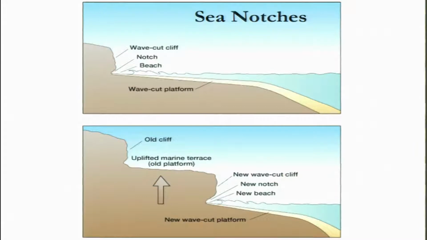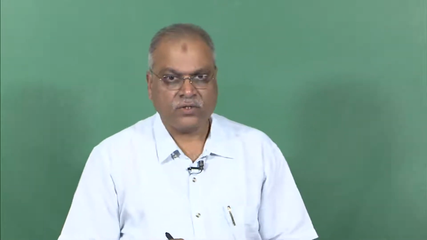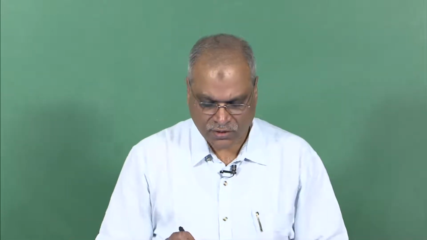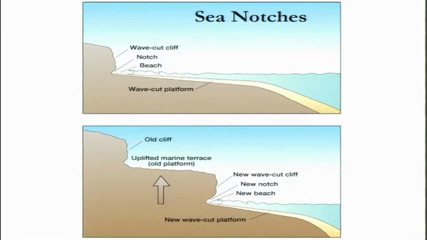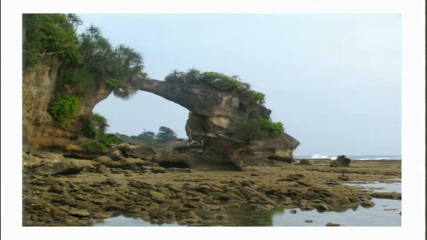So wave cut cliffs, sea notches, and wave cut platforms you will only come across where you have rocky shorelines. Now this is a beautiful example from Andaman, which shows you three typical landforms.